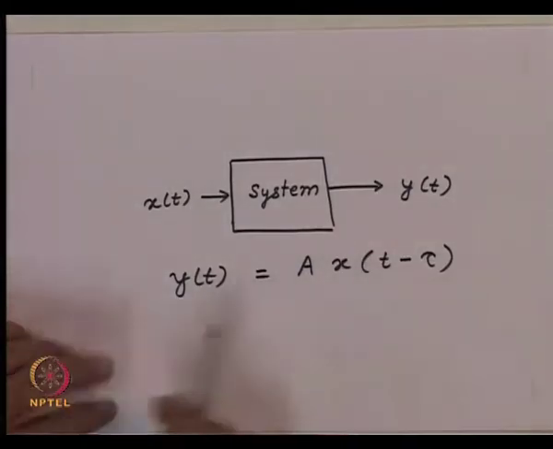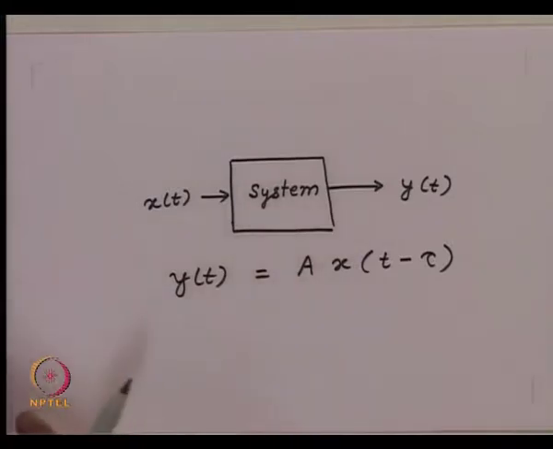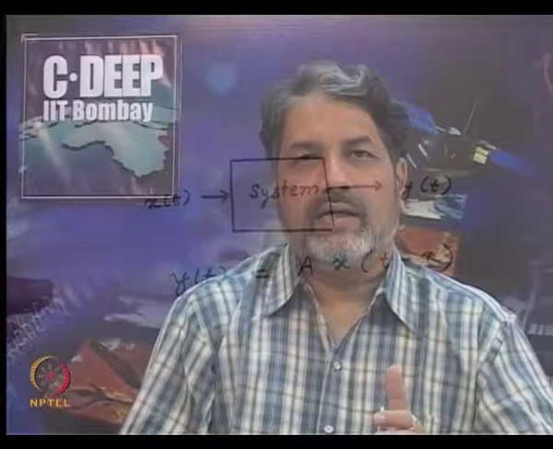If this thing does not happen, then we say the system produces distortion. So, any signal undergoing through amplitude change as a whole and delayed in time is not called a distorted signal.